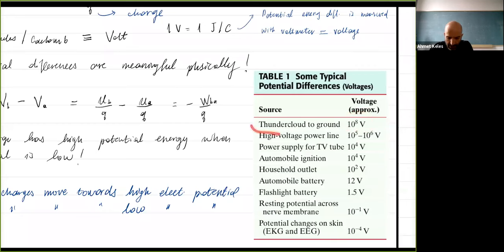Thundercloud to the ground is about 10 to the 8 volt. 10 to the 6 is about 1 million, so 10 to the 8 is 100 million volt, right? A gigantic number. If you ever walk by high voltage power lines, you probably hear their noise from hundreds of meters, right? And their voltage is like 10 to the 5 to 10 to the 6, 100,000 volt or more.